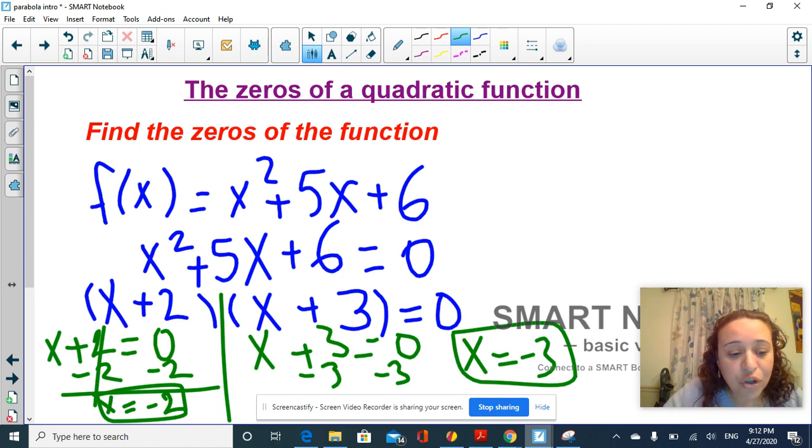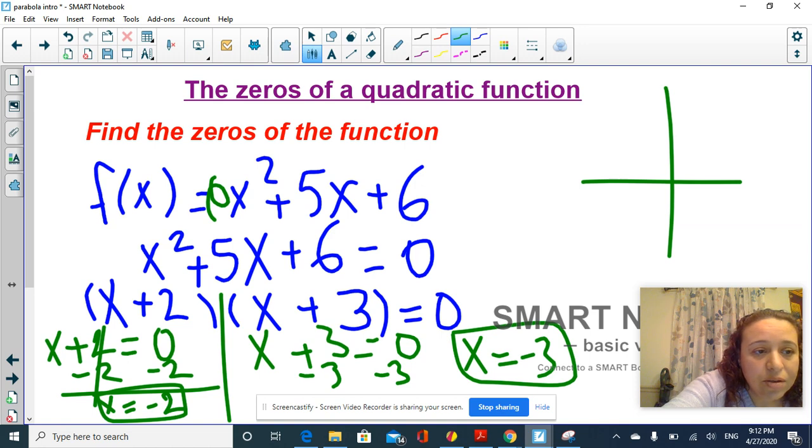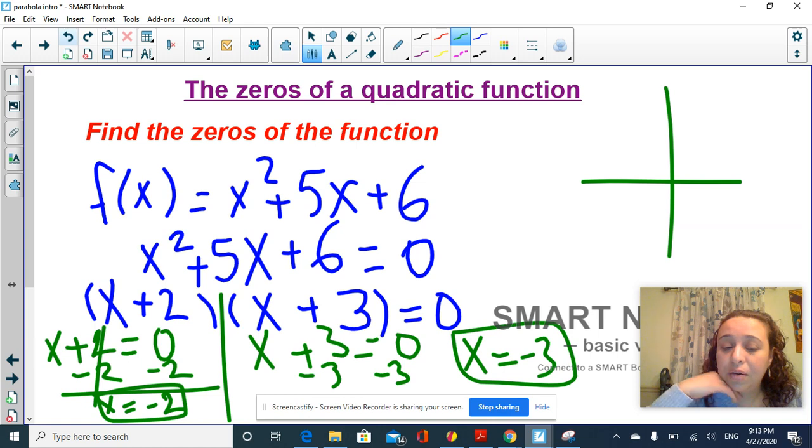You know that if you graph this function, first, the coefficient of x squared here is positive. It's 1. Okay. So if you graph it, it will be a parabola open up. And it will intersect the x-axis at 2 points, negative 2 and negative 3.